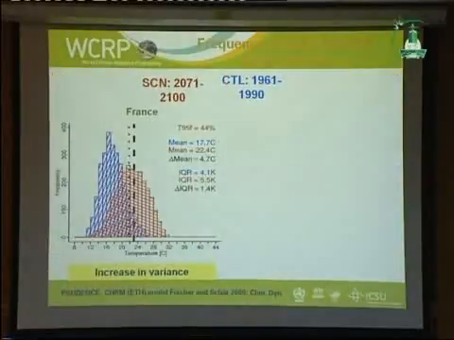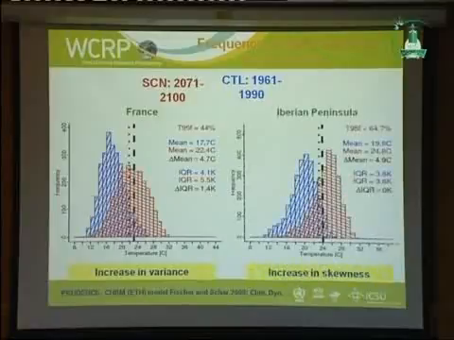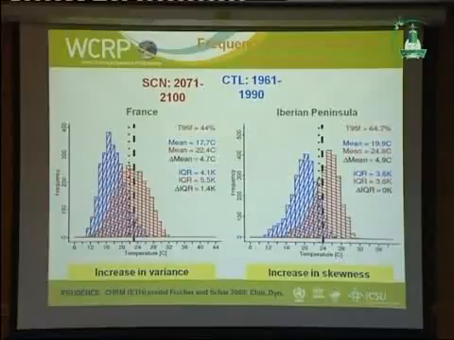Over France, they see clearly that there is an increase in the temperature variance. You see the peak is shifting from the left to the right, from blue to the red, and the spread is becoming wider. But over the Iberian Peninsula, Spain, our region, they see that there is definitely a skewness, that the distributions are separating from each other.